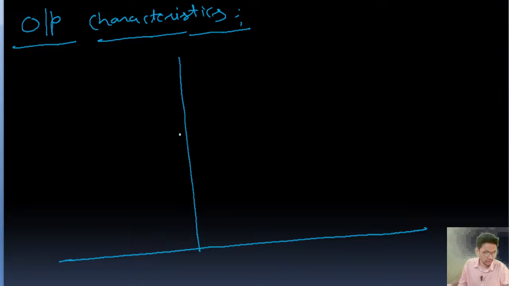This graph is going to be IC versus VCB, and this graph is going to be this one.